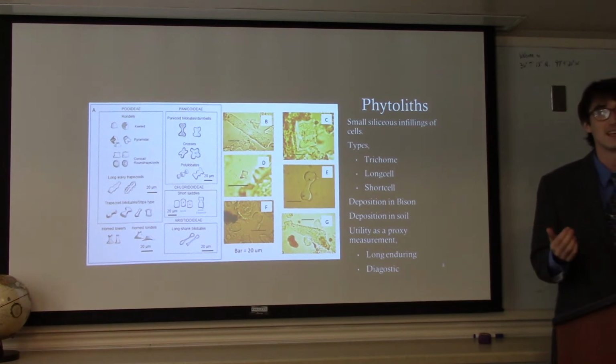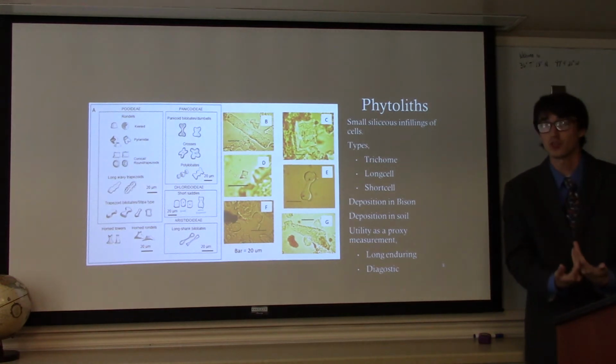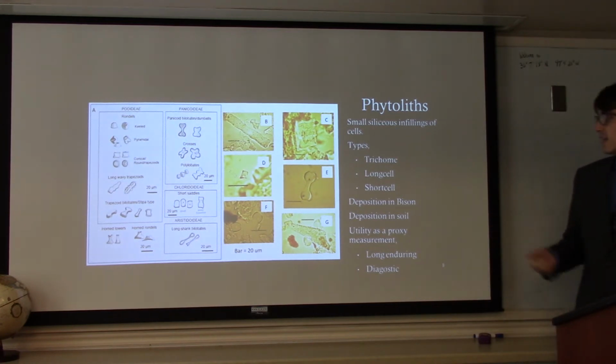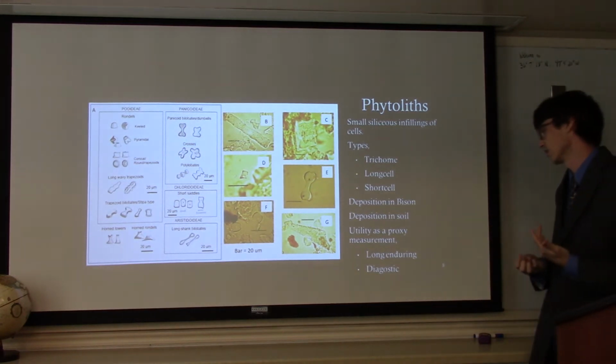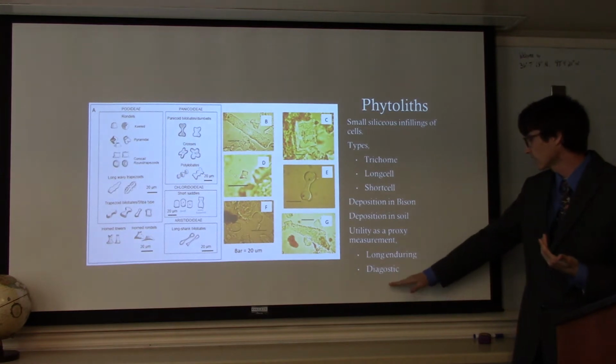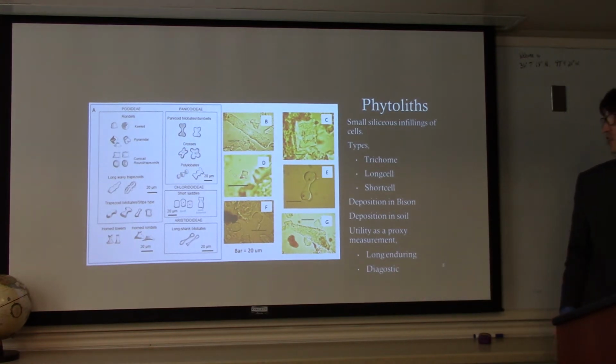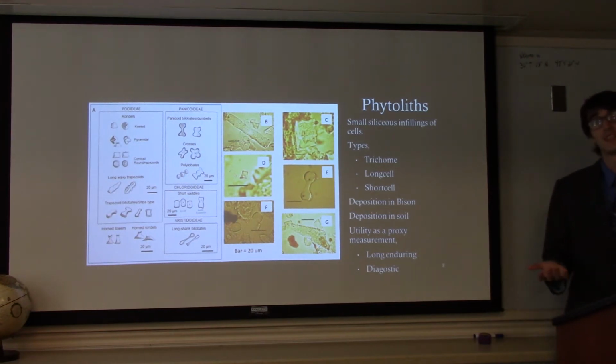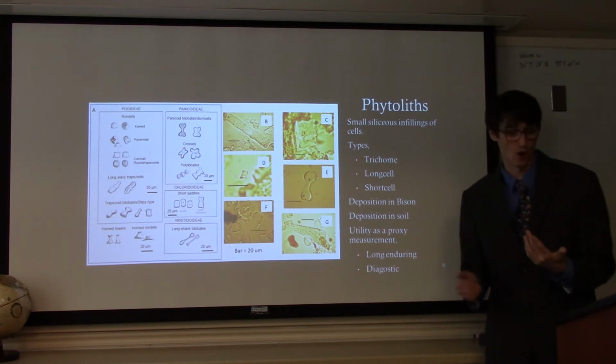Of course, this is by far the exception, but it is relatively common to find them in samples tens of thousands of years old. And then secondly, as we talked about before, they're diagnostic. So depending upon what we find, we can tell what existed in these areas or what these animals might have been chewing on.